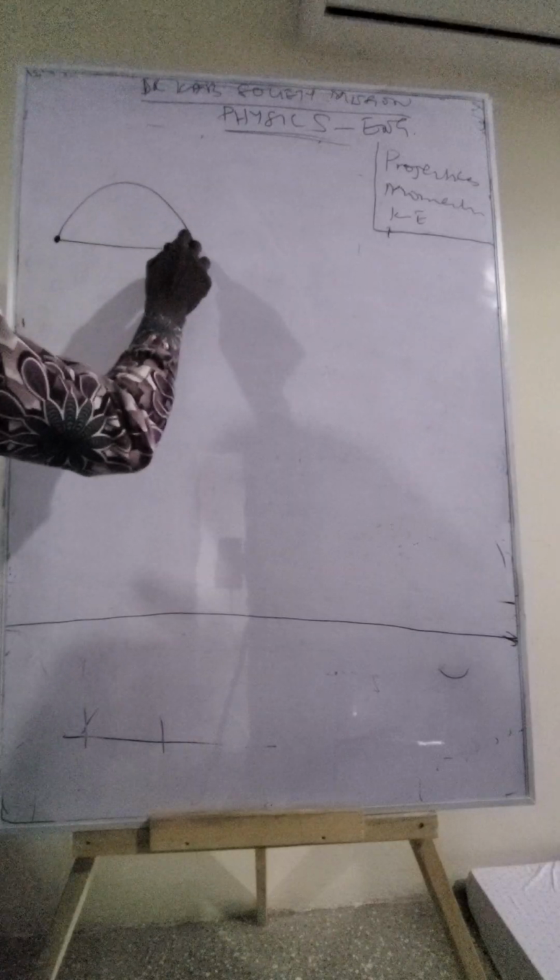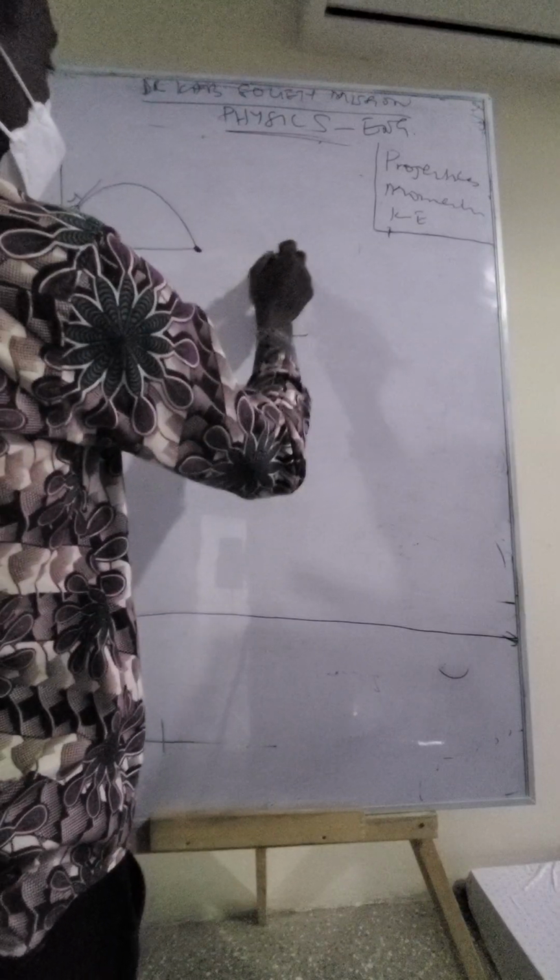We can have this projectile so that it is very simple for us. Okay, this is the initial velocity u, the vertical. Then let's look at another one. This is another projectile, if it has been shot like that.